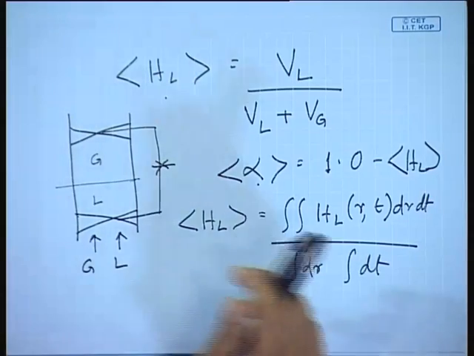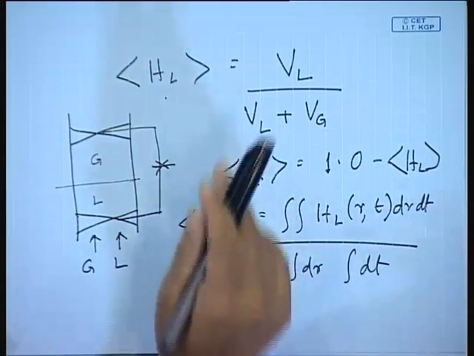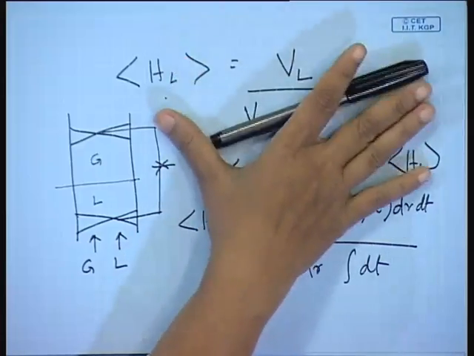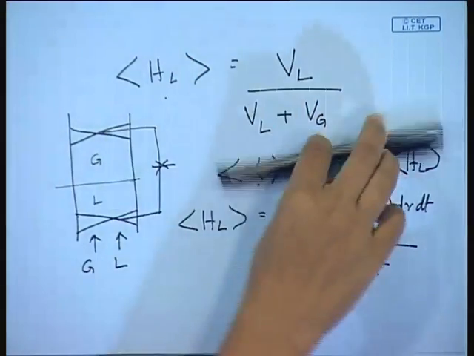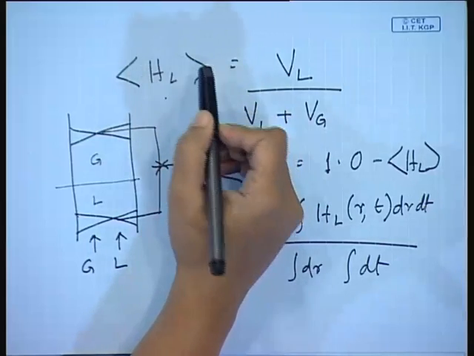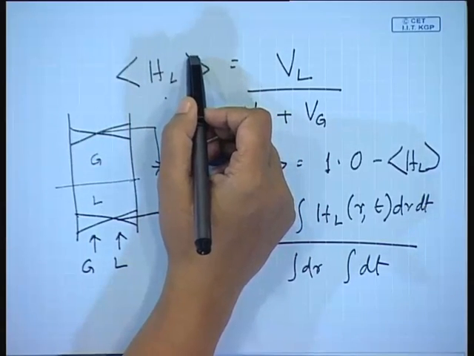Now, remember that we have measured this HL as the volume fraction of the total volume which is occupied by the liquid phase, or in other words, we specify the in situ composition in terms of the volume fraction.